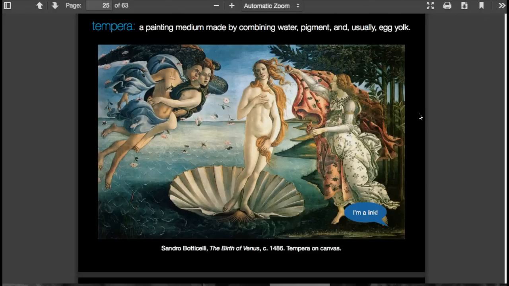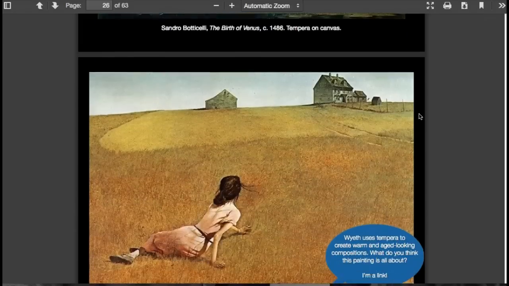She almost appears weightless as she floats in on this seashell. We have the zephyrs blowing her in, and spring welcoming her, and of course now she has to be clothed because she's coming into the real world. But again, we have this representation of idealistic beauty, not necessarily an individual, but more of a concept and an idea.